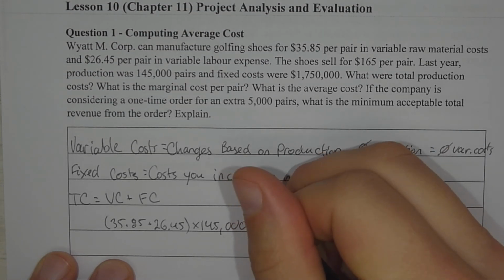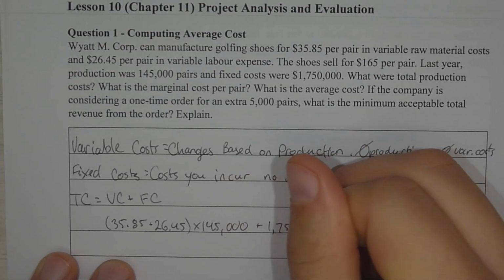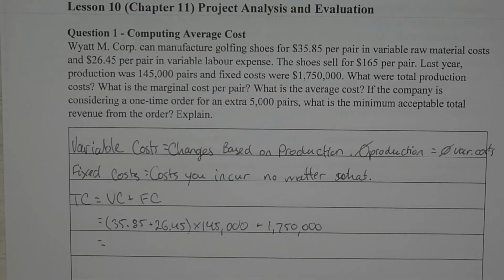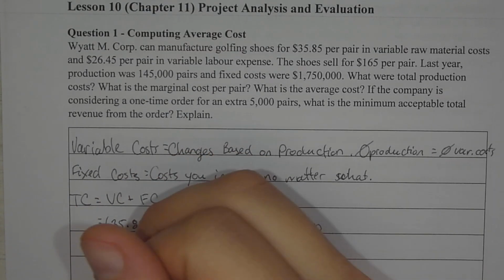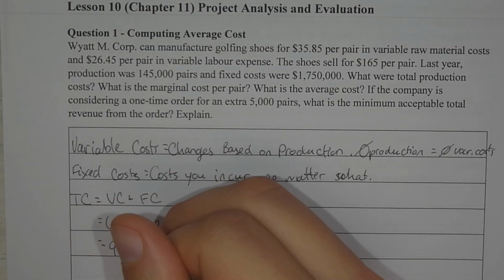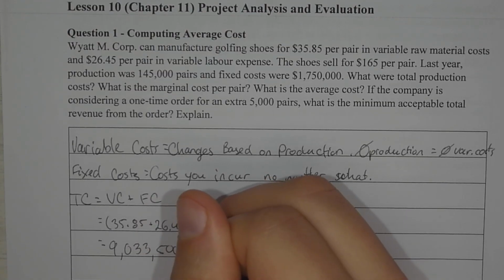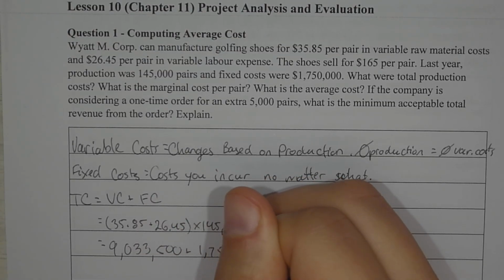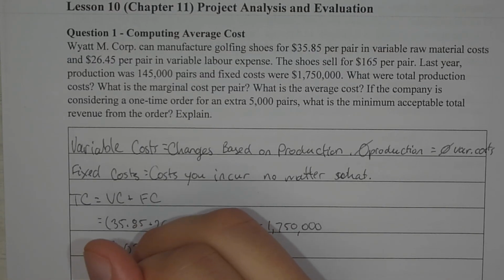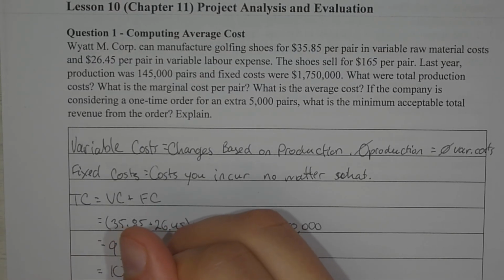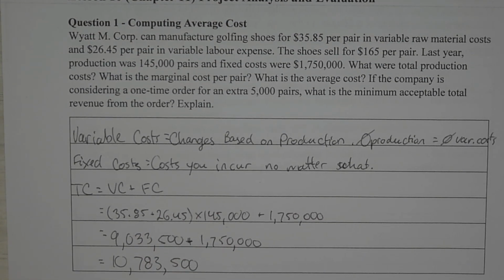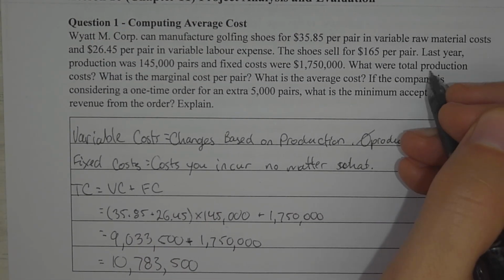Plus 1,750,000. We've got 9,033,500 plus 1,750,000, which equals 10,783,500. So that determines our total production cost.